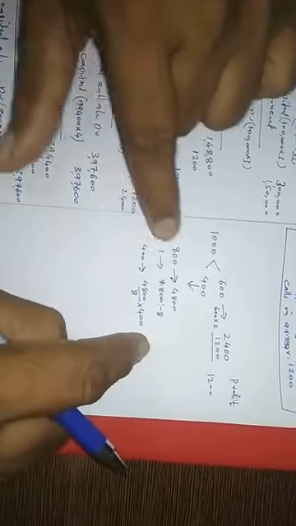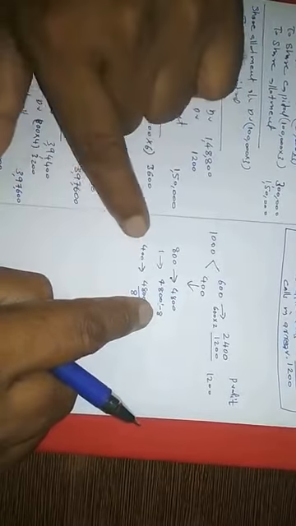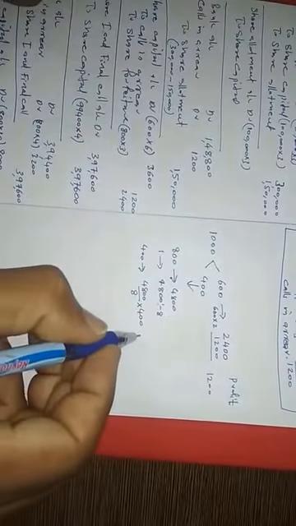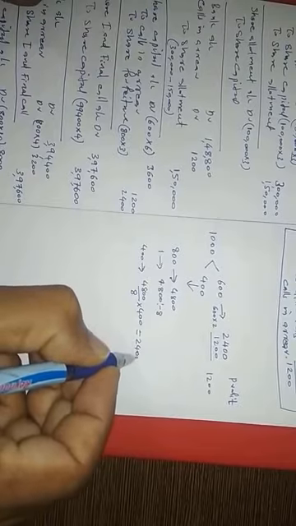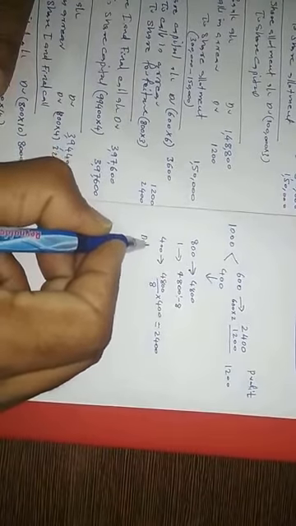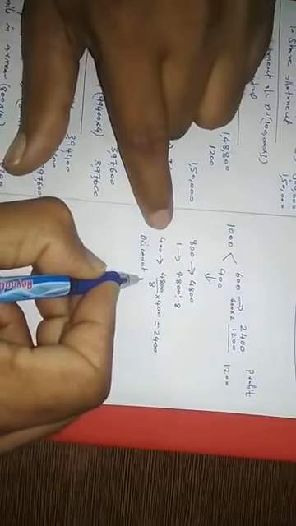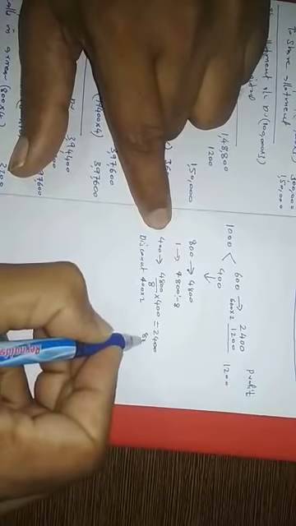4800 divided by 8, we will get one share's money. Then for 400 shares, this will give 2400. Now discount for 400 shares, that is 400 into 2, 800.